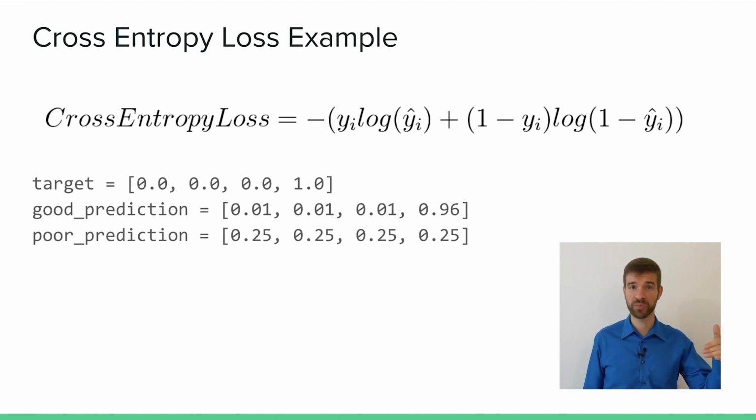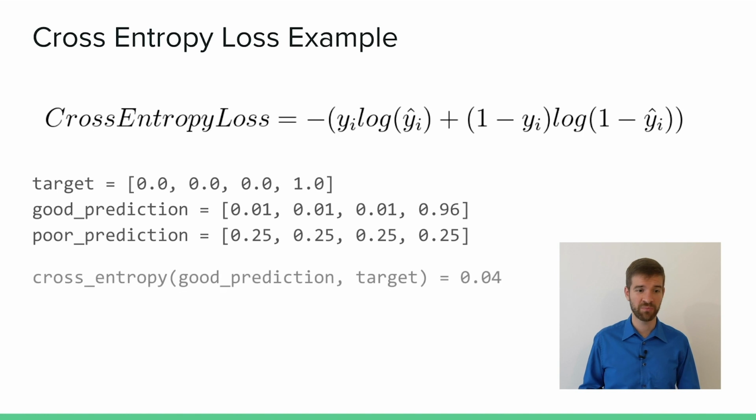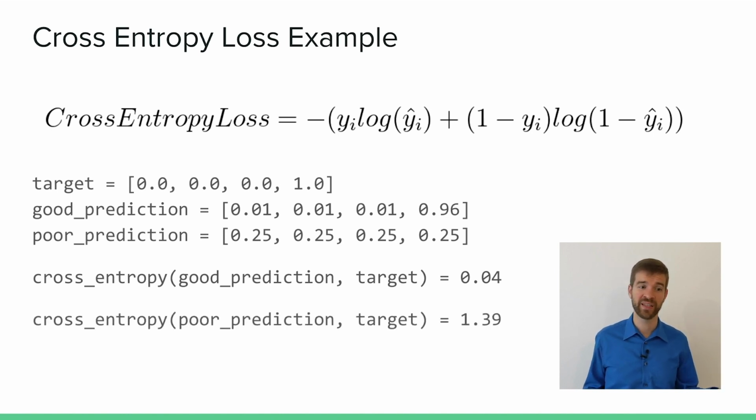Then we can have good predictions or poor predictions, and those are probabilities. If the prediction is, with very high confidence, saying the same category, then we have low values in the first few categories and a high value in the last one. When we compute that formula with these values, we get a cross entropy loss of 0.04 for the good prediction and 1.39 for the bad prediction, which just guessed that it could be any of those 4 categories.